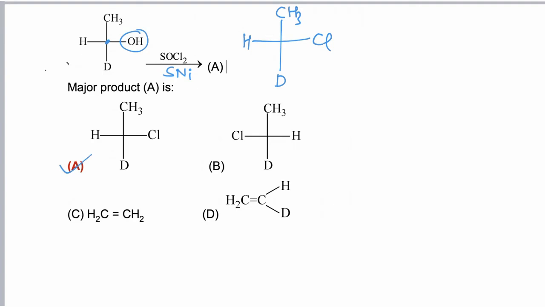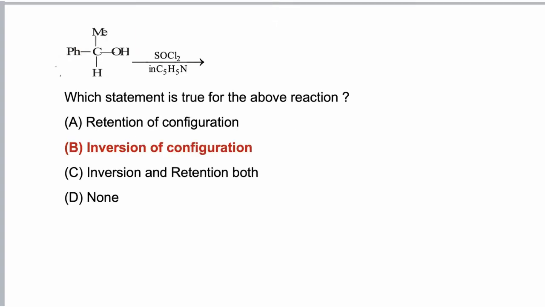Now if we take pyridine, then the reaction becomes SN2, and in case of pyridine, the product with inverted configuration will be obtained. In this question, we have to find the product of the reaction. Along with SOCl2, pyridine is taken.